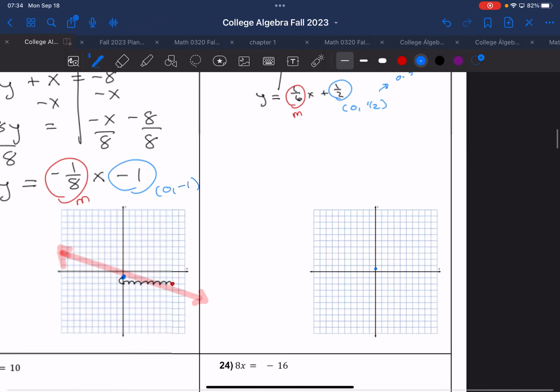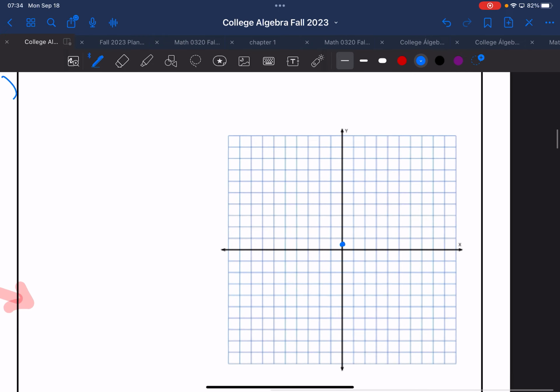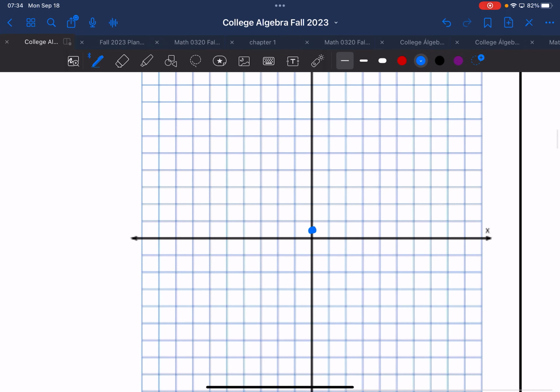So, for example, we know our slope is 1/6. So I'm going to go up 1. And notice going up 1 makes me still in the middle of that next grid. Okay? And then I'm going which direction? To the right 6. So staying in the middle of the grid, 1, 2, 3, 4, 5, 6.